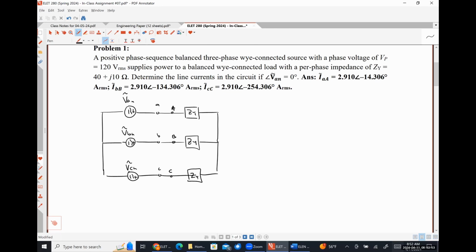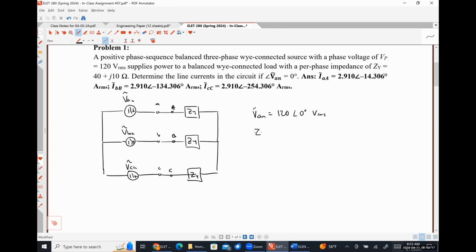Let's parse through the information that we were told. We know that the magnitude of our A-phase voltage was 120, and the angle was 0 degrees. So I'm putting those two pieces of information together to call voltage VAN 120 angle 0 degrees. We were also told that our load impedance is 40 plus J10 ohms, and that's it.